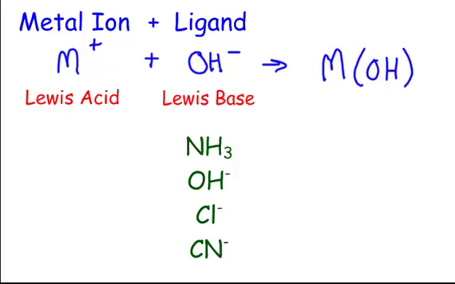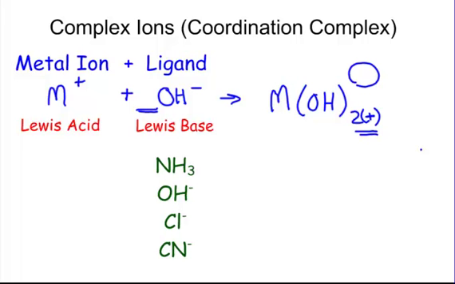Whatever the charge of the metal ion is, we double that charge, and whatever that number is, we balance it by putting a coefficient in front of the hydroxide. Then we add up the charges from our reactants and put that charge in our products. That's how we're going to do every single one of these reactions. Let's get to some of those reactions.